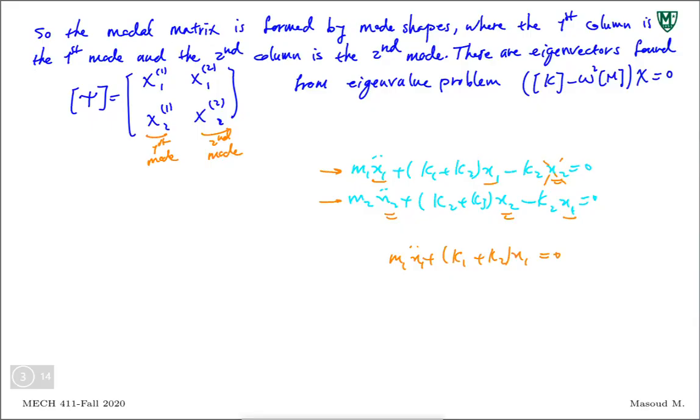So what happens, you will see, I'm going to show you that once you make that transformation going from physical domain x1 and x2 to modal domain, they are not coupled anymore.